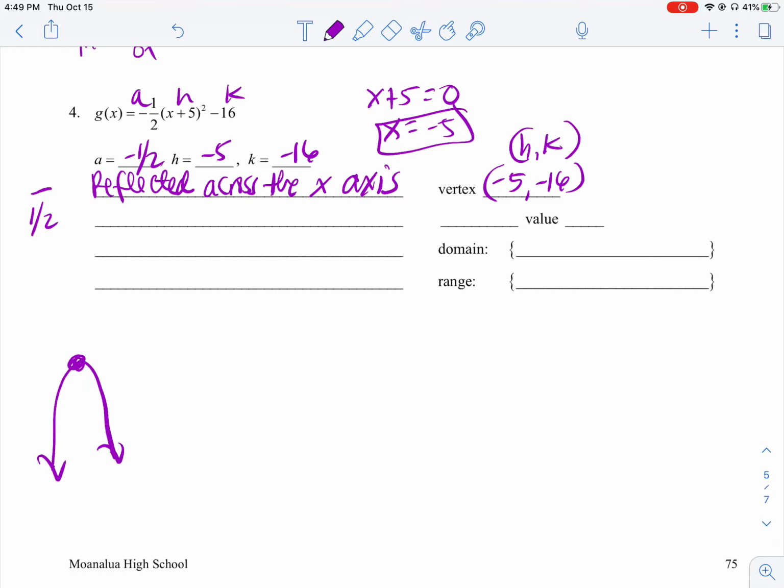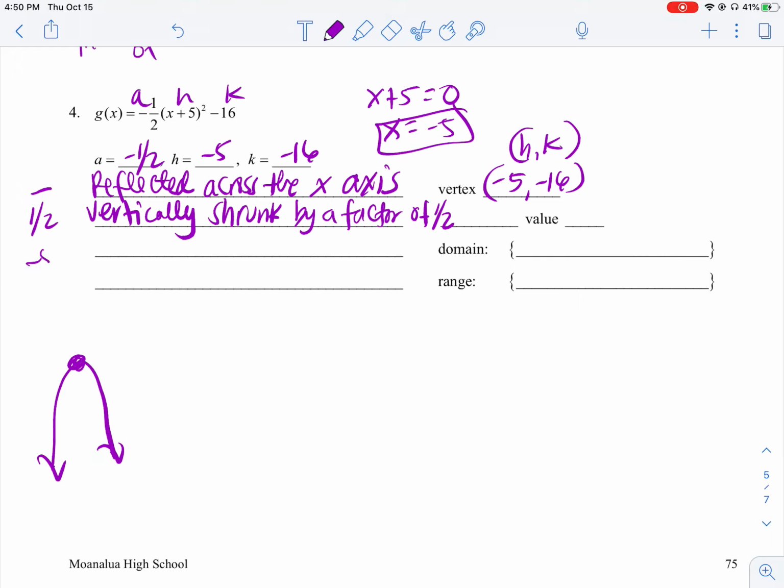So 1 half. You only have 3 choices. Is it greater than 1? That's a vertical stretch. If it's a 1, no vertical stretch. Because it's 1 half, a number between 0 and 1, I would say vertically shrunk by a factor of 1 half.